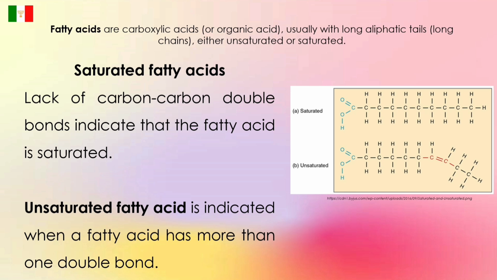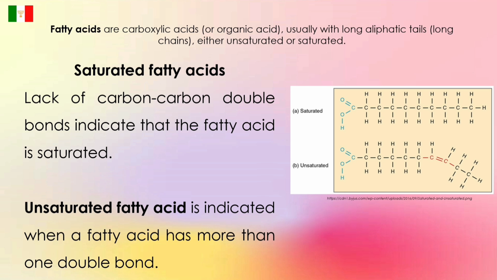Saturated fatty acid is indicated when there is a lack of carbon-to-carbon double bonds. The saturated fatty acids have higher melting points compared to unsaturated acids of the corresponding size due to their ability to pack their molecules together, thus leading to a straight rod-like shape.